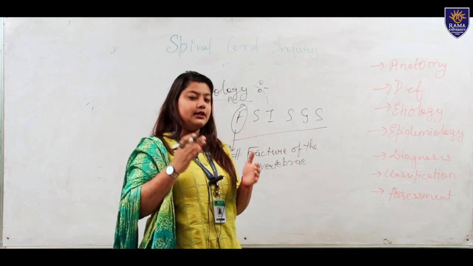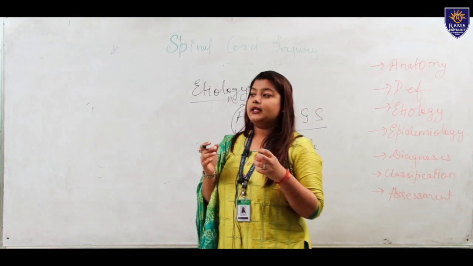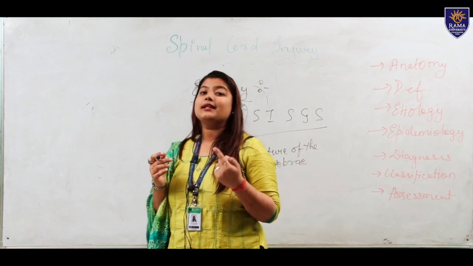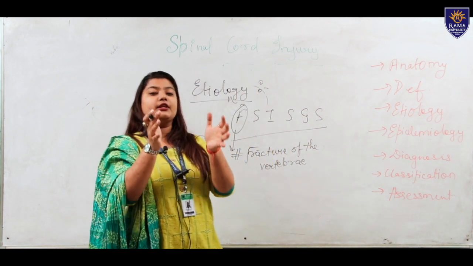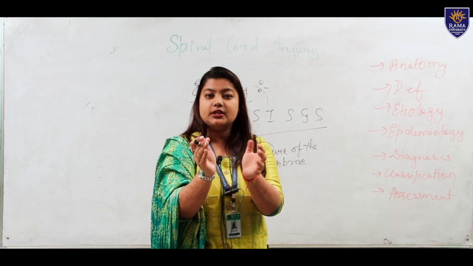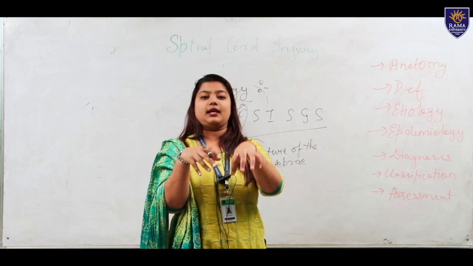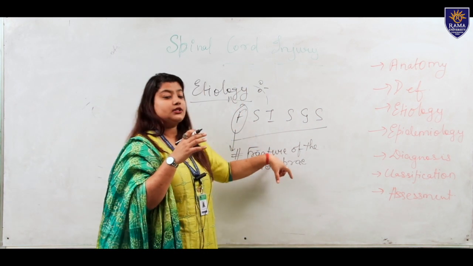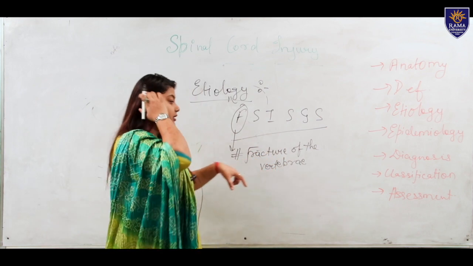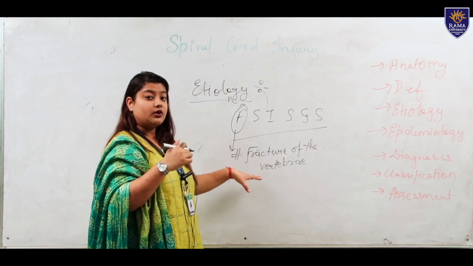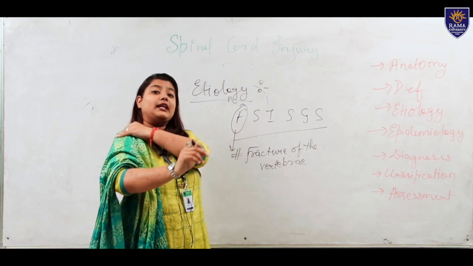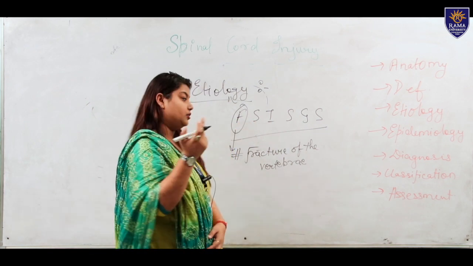Since we studied earlier in anatomical structures that the spinal cord is surrounded by the spinal canal, the vertebra is the bony structure in which the spinal cord is enclosed. So, any fracture or dislocation fracture of the vertebra can cause spinal cord injury or compression at the level of the spinal cord.